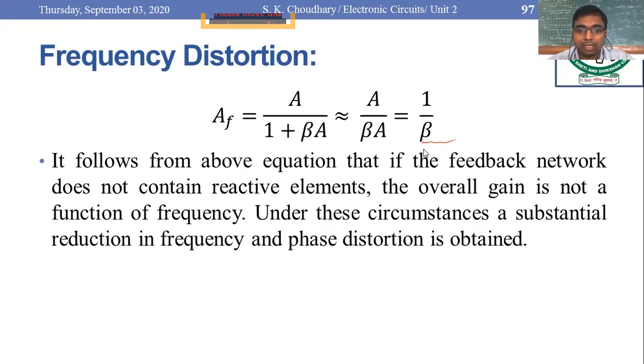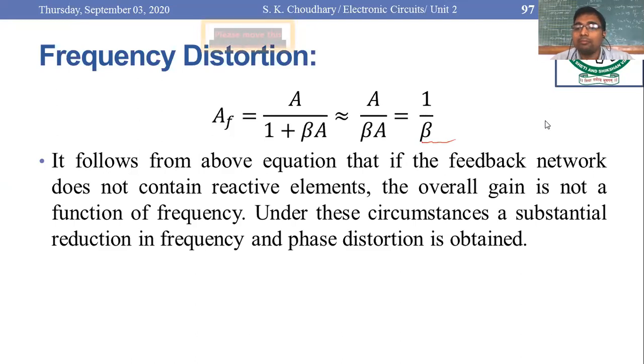Now, if you follow this equation, AF is equal to 1 upon beta, your gain is solely dependent upon the feedback factor, that is actually made up of passive elements. If the feedback network does not contain any reactive element, if there is only a resistive component and no capacitor or inductor, then your overall gain would not become a function of frequency.